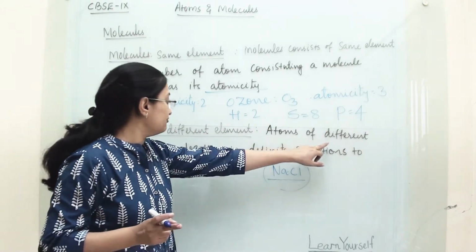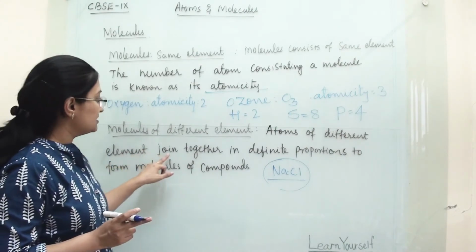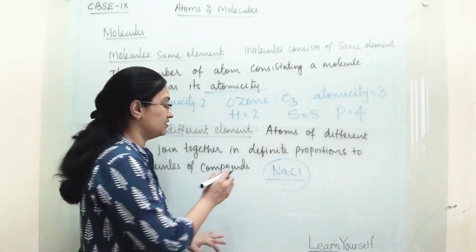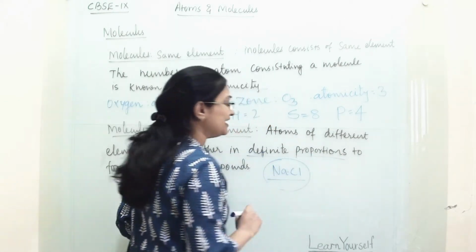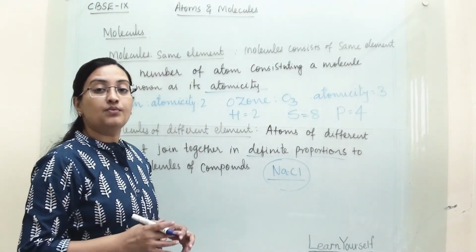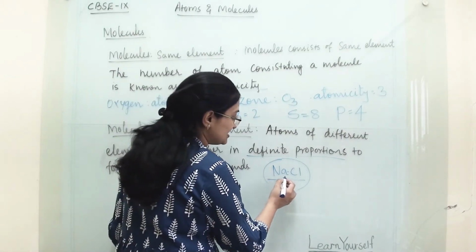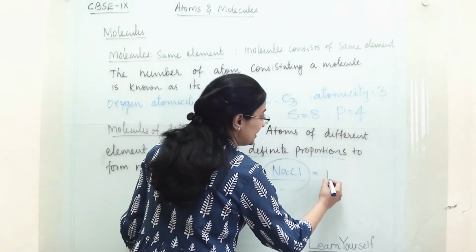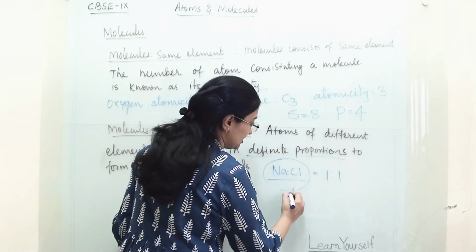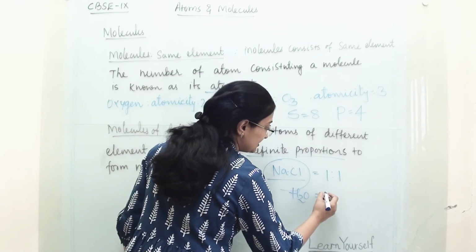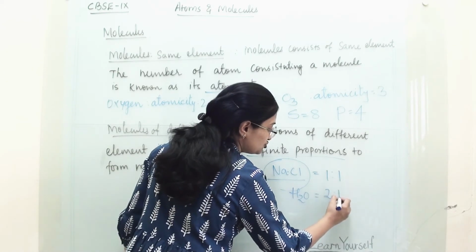Atoms of different elements join together in definite proportion. It is very important that when any compound forms, it forms in definite proportion. Here NaCl is combined in 1:1 proportion. In H2O, it combines in 2:1 proportion.